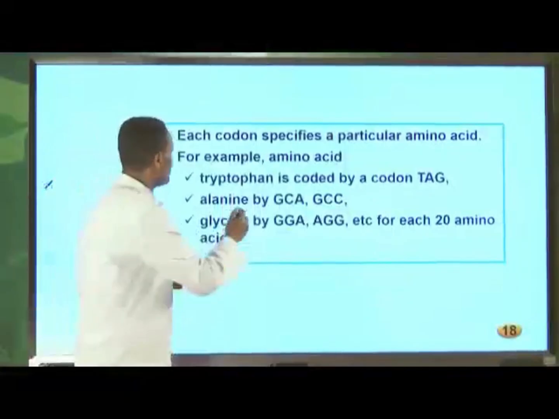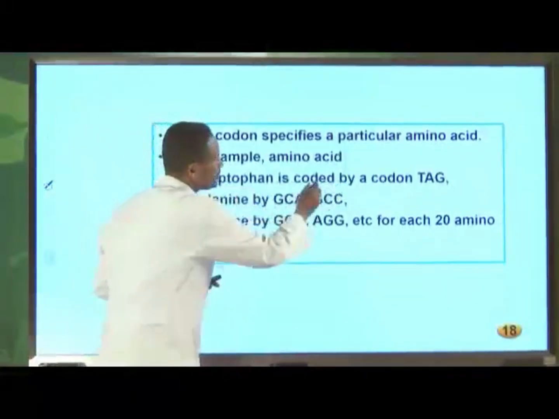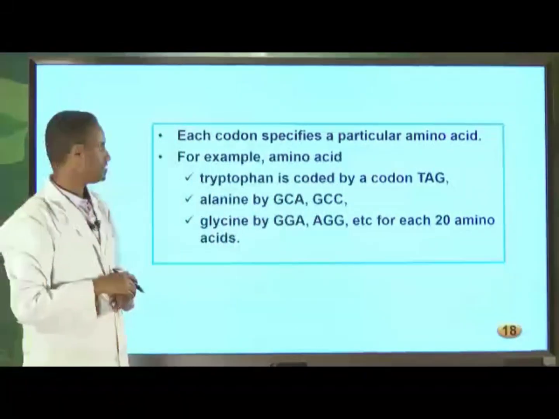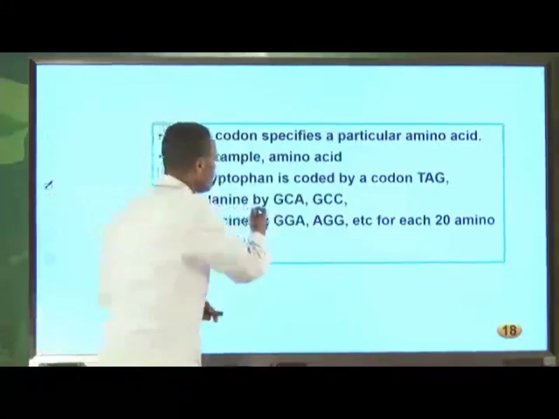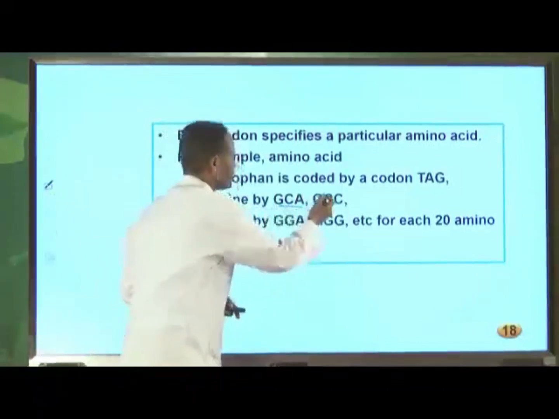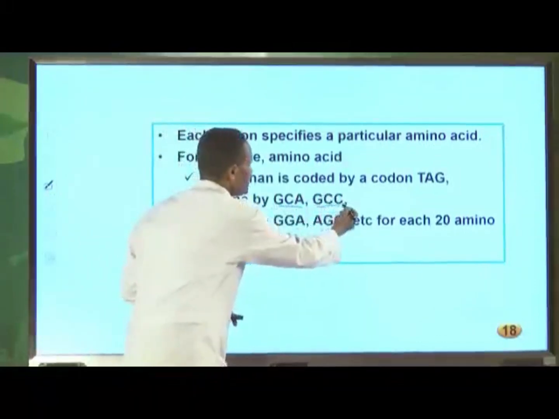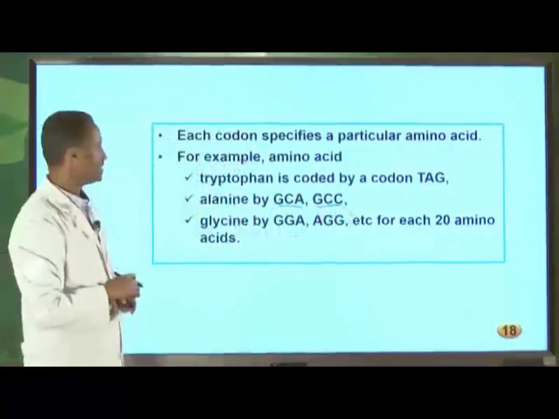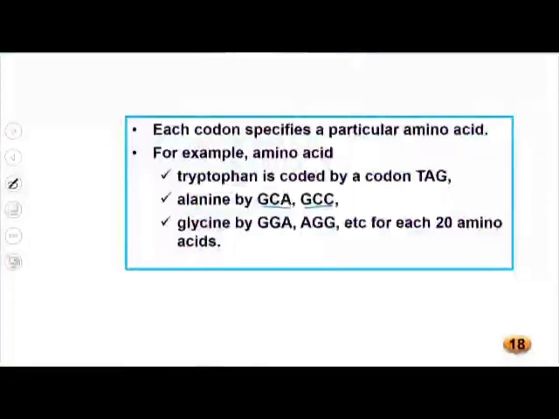For example, the amino acid tryptophan is encoded by one codon. Alanine is encoded by codons such as guanine, cytosine, adenine, and guanine, cytosine, cytosine. Glycine is encoded by guanine, adenine, guanine, etc., for each of the 20 amino acids.